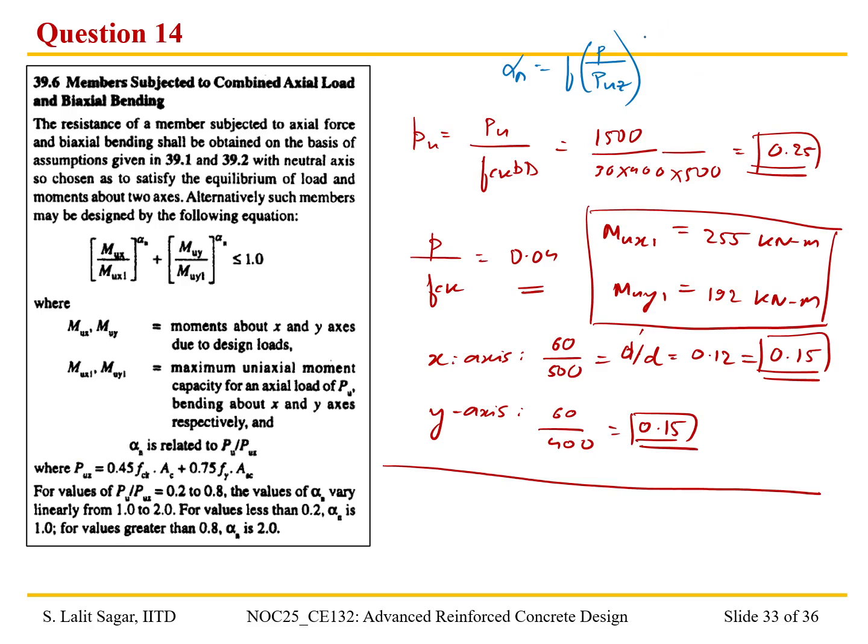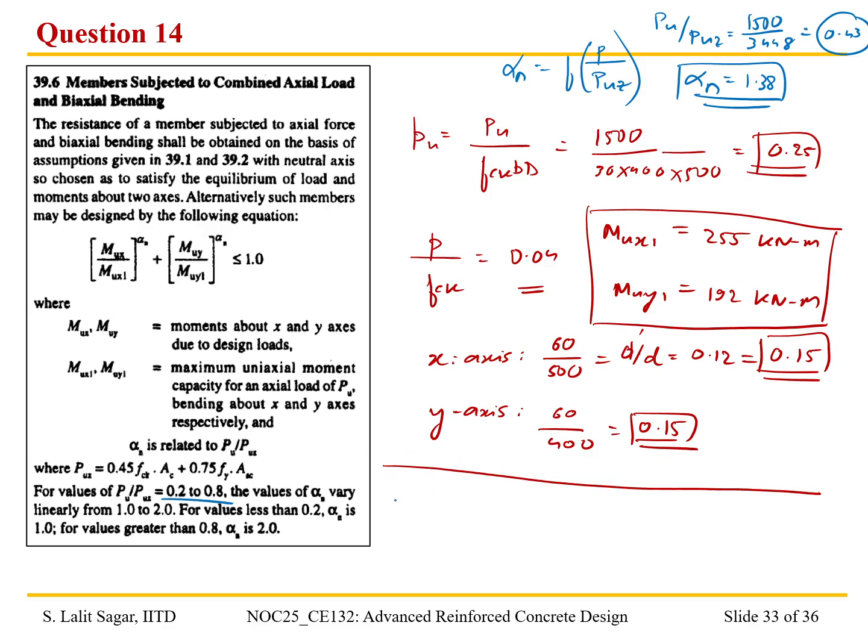So pu by puz, that is 1500 by 3448, that gives me a value of 0.43. Correspondingly, alpha n turns out to be how much? 1.38, because it lies between the value of 0.2 and 0.8.